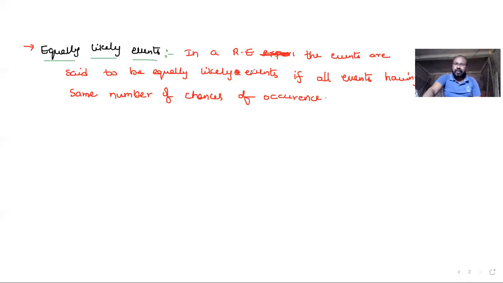That means the occurrence of one event is not more likely than the occurrence of any other events in that random experiment. All have the same number of chances of occurrence. Then the events are said to be equally likely events.